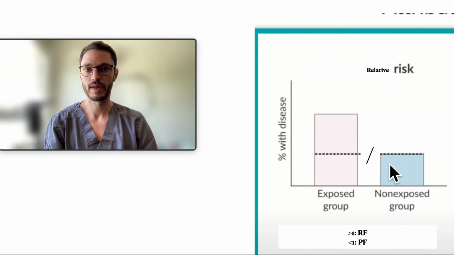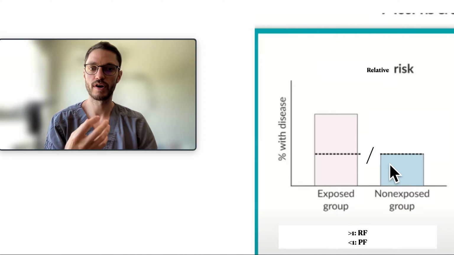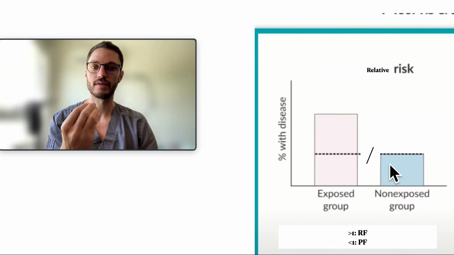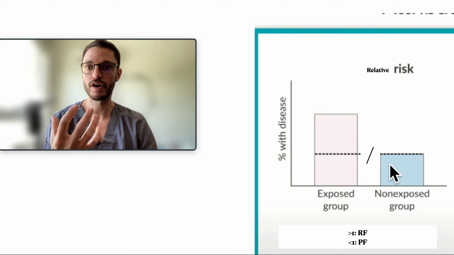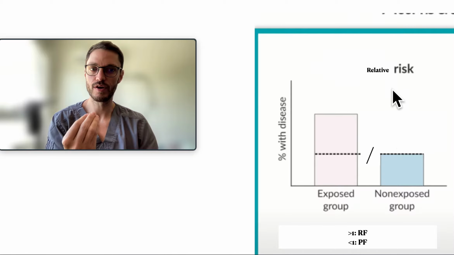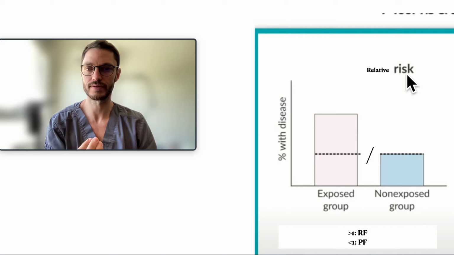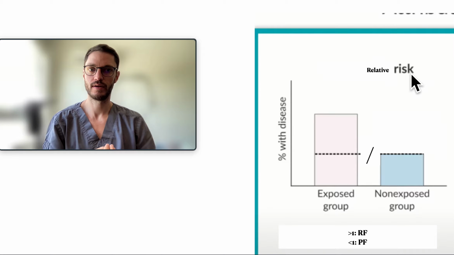So in general, if we're searching for risk, we're thinking of a risk factor, so we're expecting this number to be more than 1 if there is a correlation. We cannot say that the relative risk is synonymous or analogous to causation.